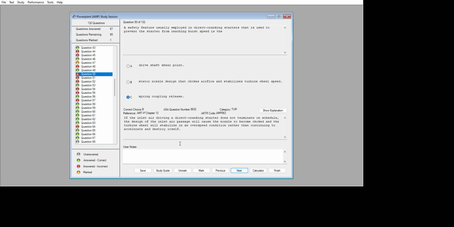If the inlet air driving a direct cranking starter does not terminate on schedule, the design of the inlet air passage will cause the nozzle to become choked, and the turbine wheel will stabilize in an overspeed condition rather than continuing to accelerate and destroy itself.